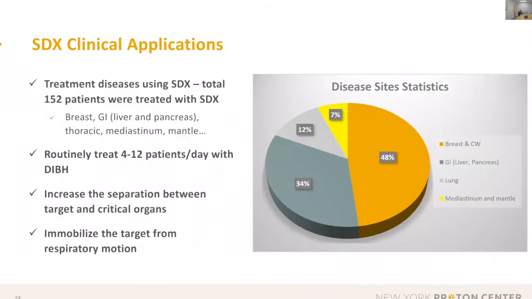So here is the breakdown of these 152 patients treated with SDX. And a little bit of a surprise, I think, to the audience, the biggest portion is for breast. The reason I say it's a surprise is that there are quite a few publications talking about the benefit of DIBH for proton therapy.